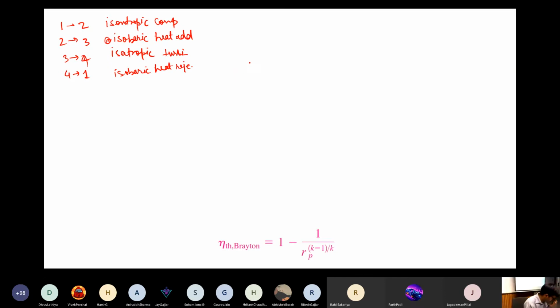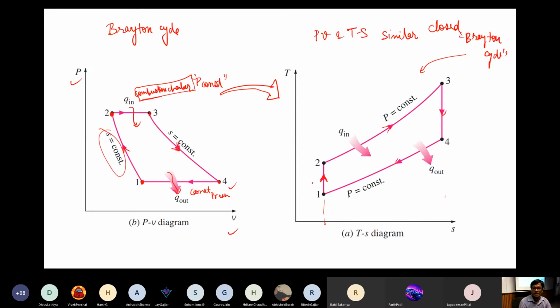So can we think of something again in a similar fashion? What is my whole aim? This again we can think of as a closed system. Obviously this is an open cycle, it is not closed, but in the thermodynamic sense we can think of it as a closed cycle because it is reaching the same state. For this closed cycle you have Q in, Q out.